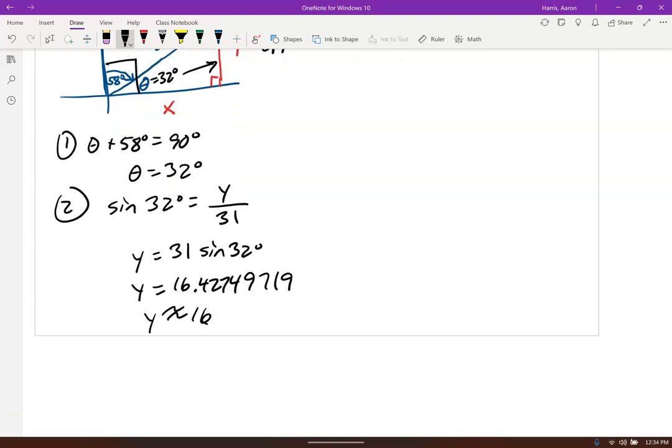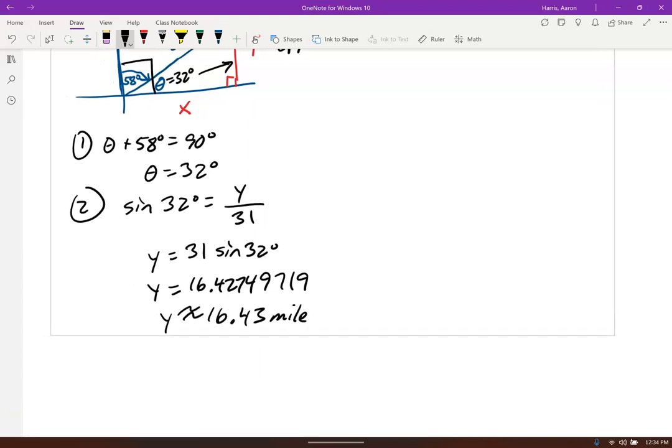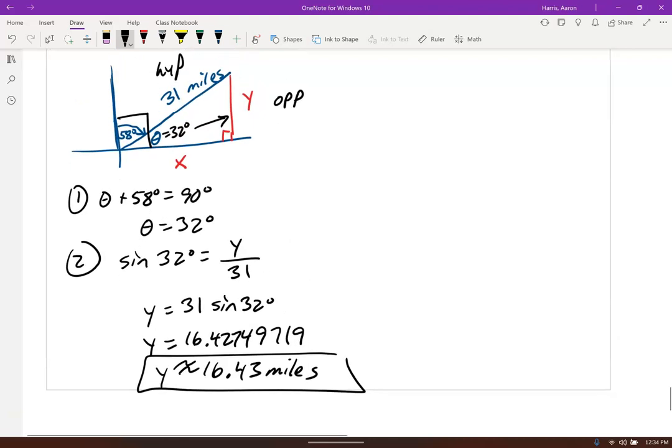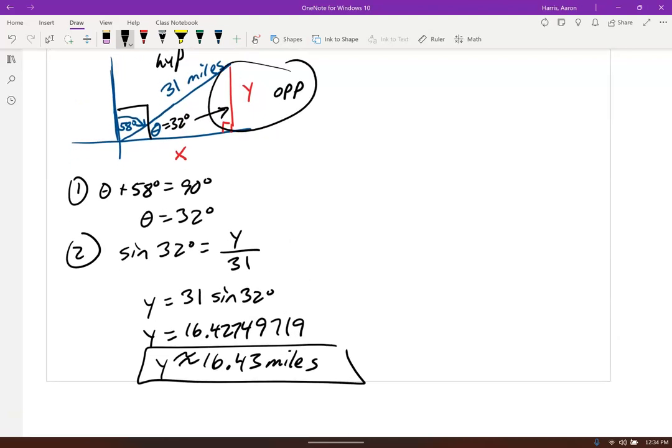So it's about 16.43 miles. This is how far north it is from the original position.